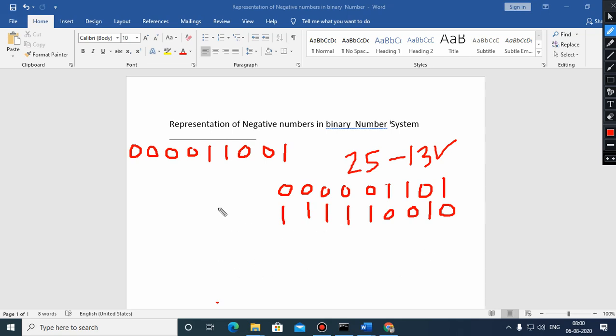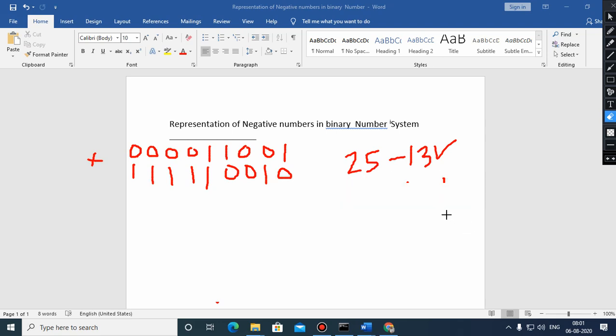So just copy this number here so that we can perform the addition, because the expanded form of this expression is 25 plus, within brackets, minus 13. So here just write this. So 5 1's, 2 zeros, and then 1 and 0. Okay. Now I'm just going to add these two numbers.